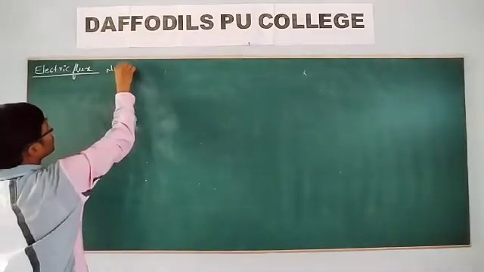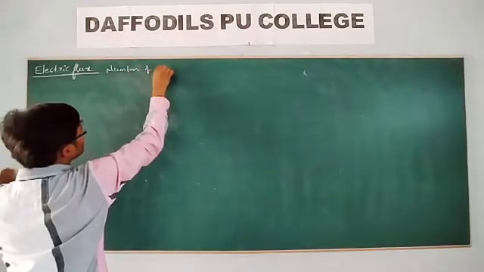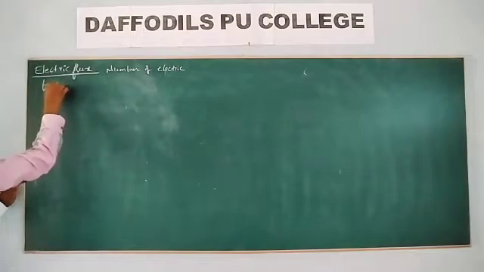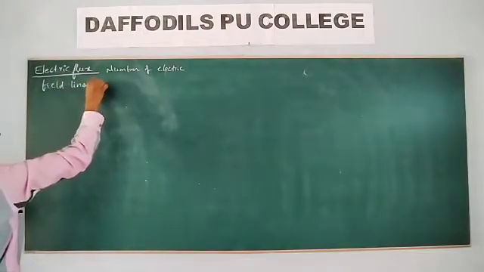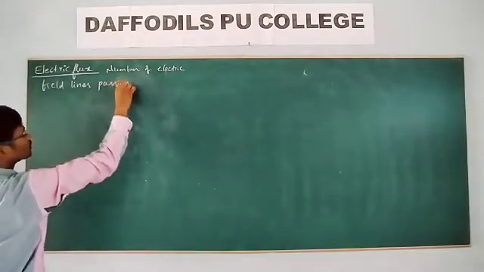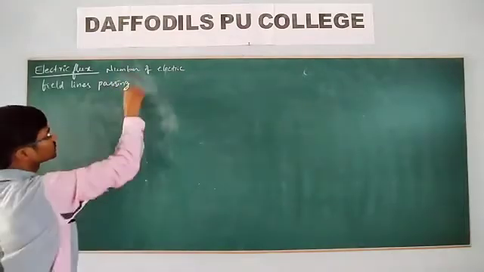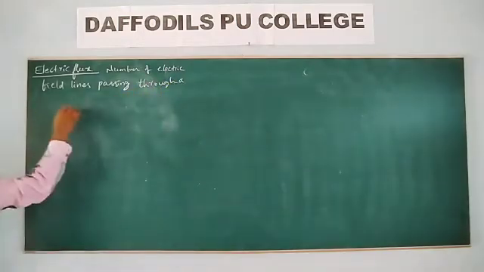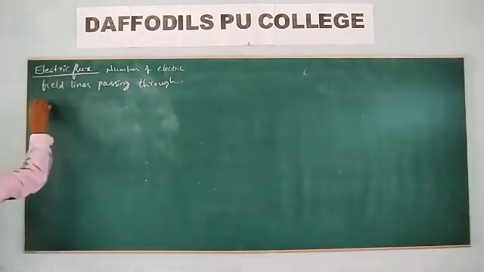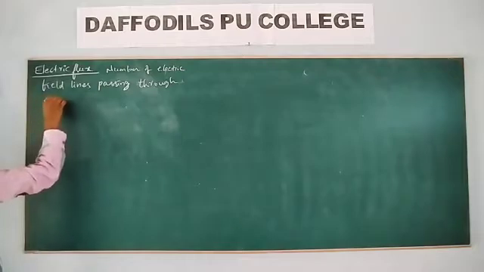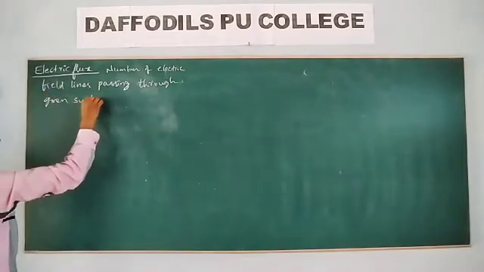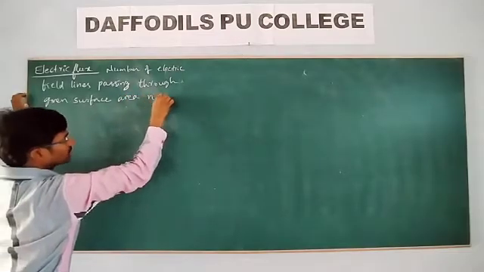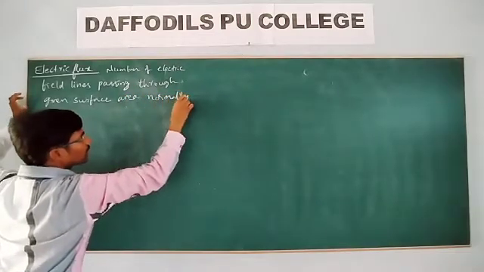The number of electric field lines passing through the given surface area normally is called electric flux.